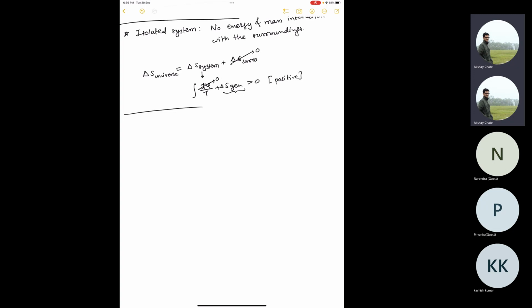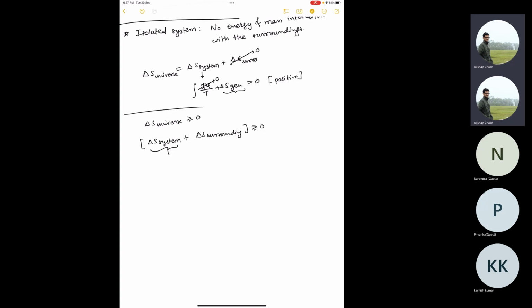I mean, this part the professor also took in the class. Delta S of universe has to be greater than or equal to 0, but that essentially means this summation, system plus surrounding, has to be greater than or equal to 0.